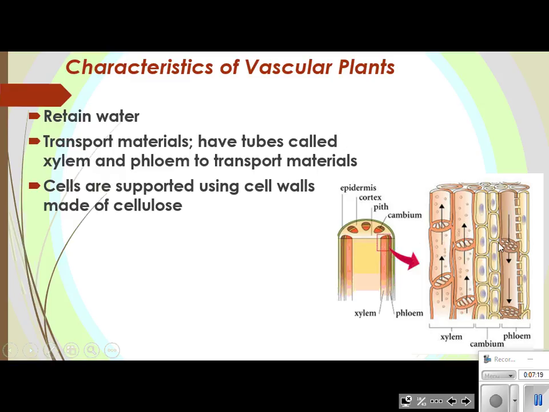So you can see the cambium is separating the phloem right here. What way is the phloem going? Down towards the roots. And here's the xylem. What way is the xylem going? Up from the roots. So that's just a different picture of xylem and phloem.